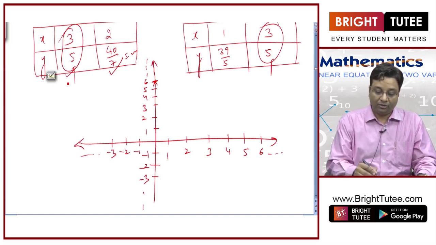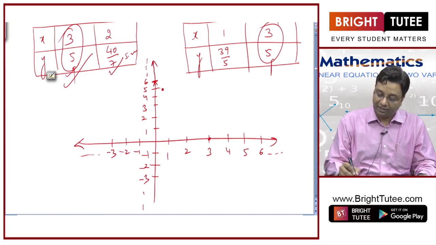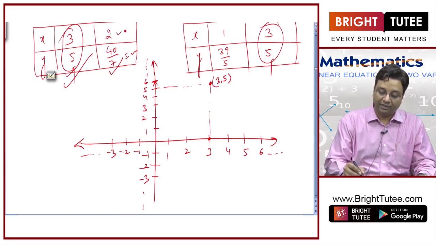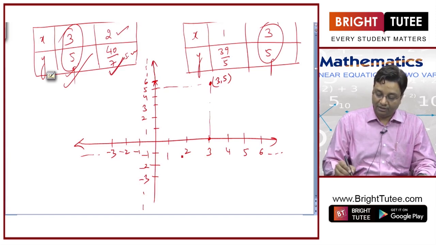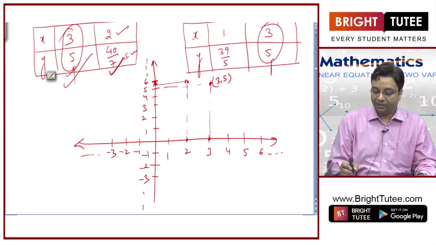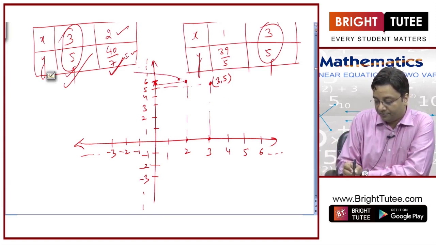So to draw this point, 3, 5: 3 on the x-axis, 5 on the y-axis. So this is the point 3, 5. And 2, 40 by 7: so 2 on the x-axis and 5 point something, let us say this is the point 40 by 7. So it will be somewhere here. So this is like this.